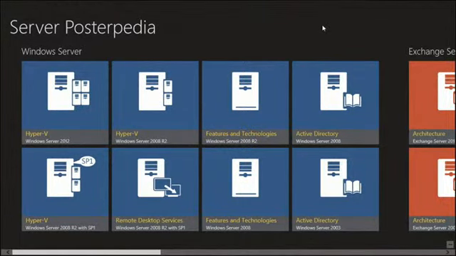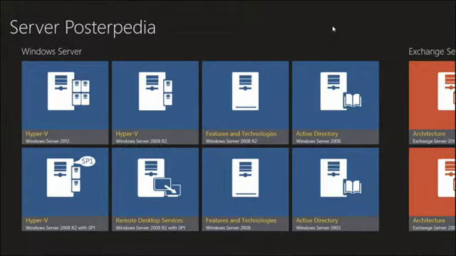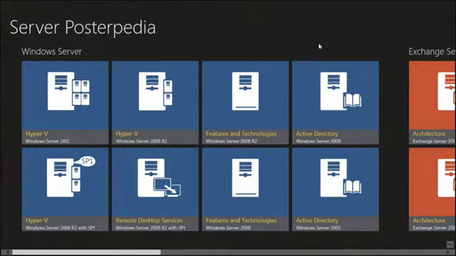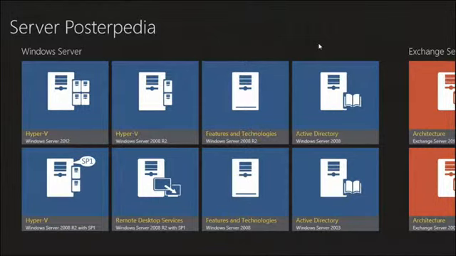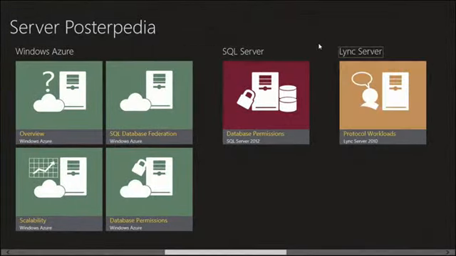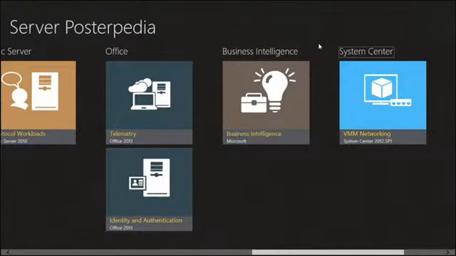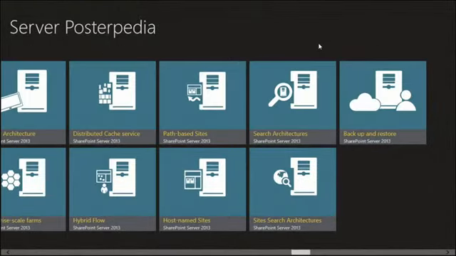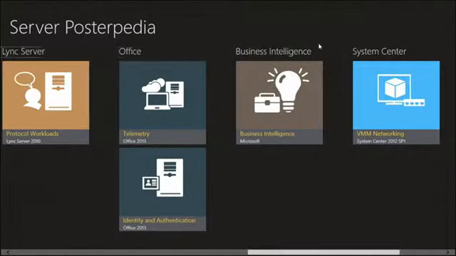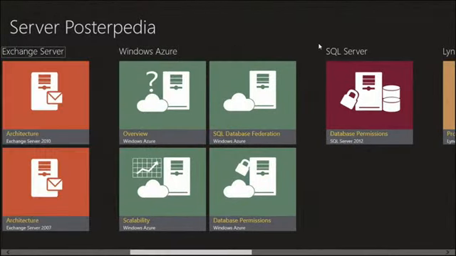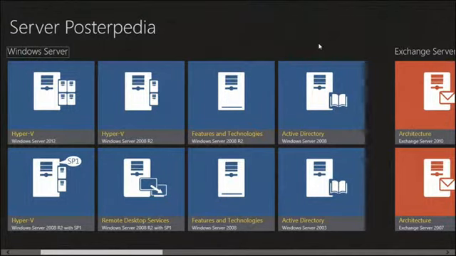So now you can see Server Posterpedia. This is the default view here. What is Server Posterpedia? That's a good question. Server Posterpedia are posters of all the different systems that posters have been created for. It is a Windows 8 utility, so if you go into the Windows 8 store, you can download Server Posterpedia.